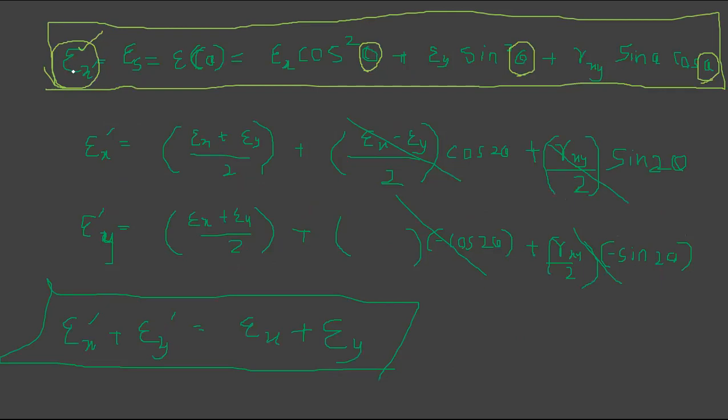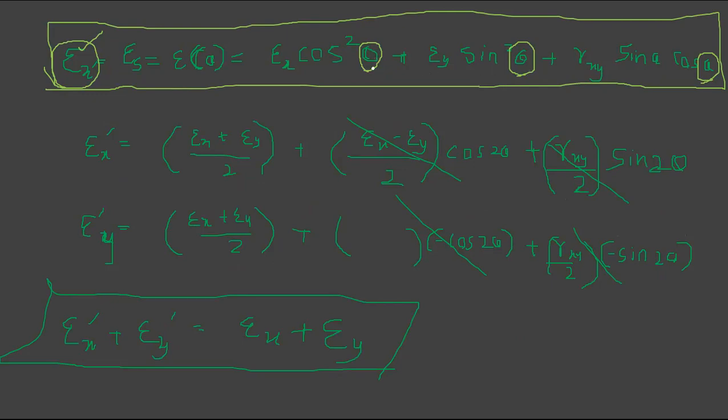So your 820 is epsilon naught x cos squared 38 plus epsilon y sine squared 38 plus gamma xy sine 38 cos 38. Epsilon b, that is minus 150. That's going to be epsilon x cos squared minus 38 plus epsilon y sine squared minus 38.